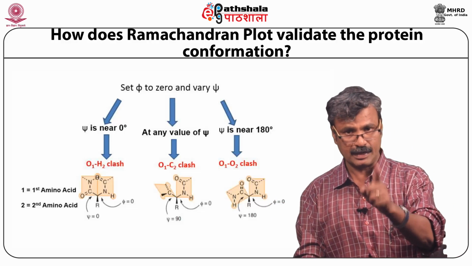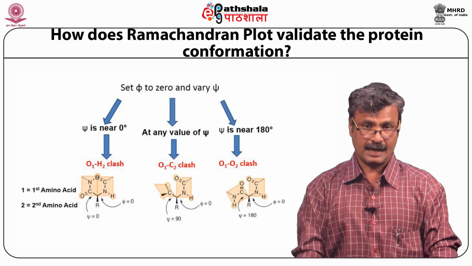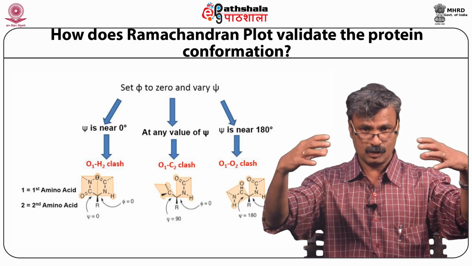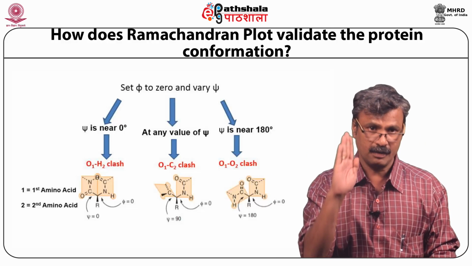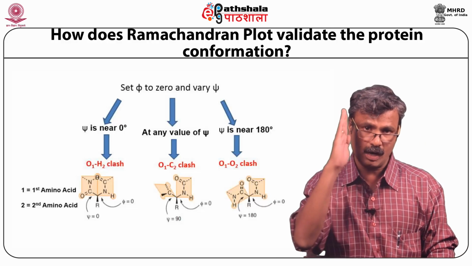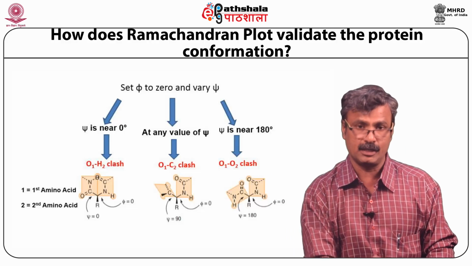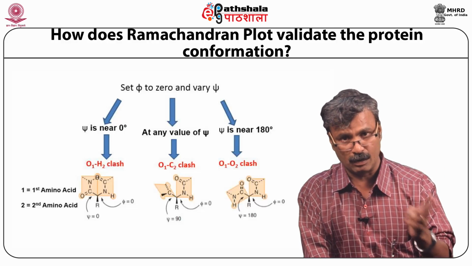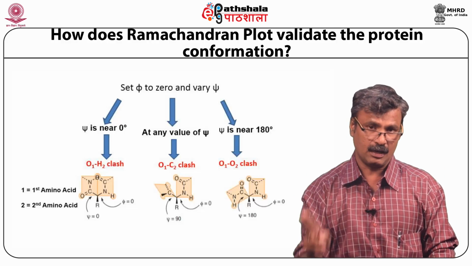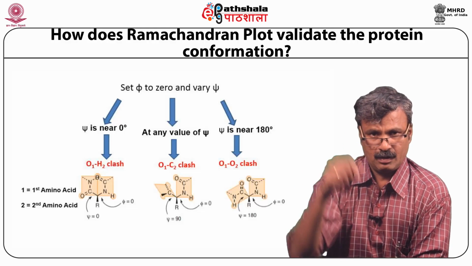The backbone side chain clash has also been verified by Ramachandran. As a result of these 3 strategies, they developed a map which is called the Ramachandran plot, which explains which phi psi torsion angle combination values are energetically allowed, sterically allowed, energetically disallowed, sterically disallowed.